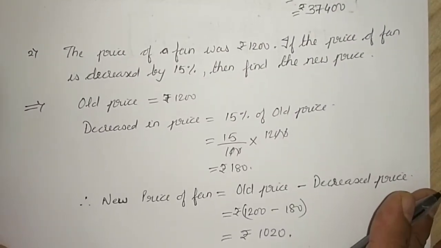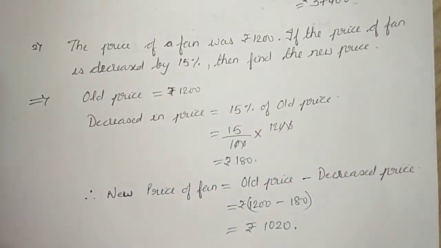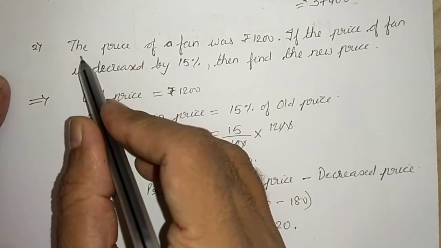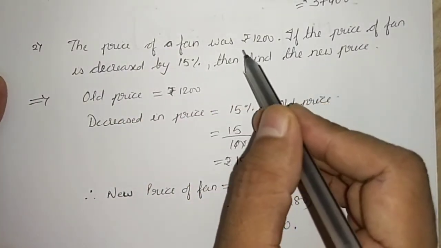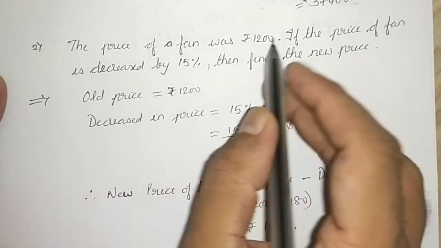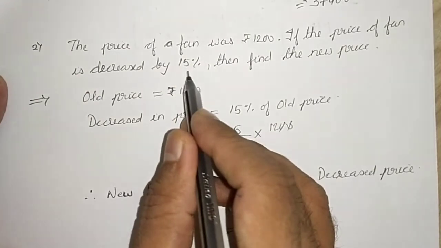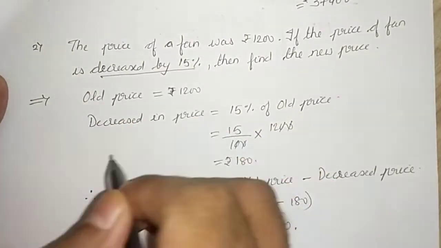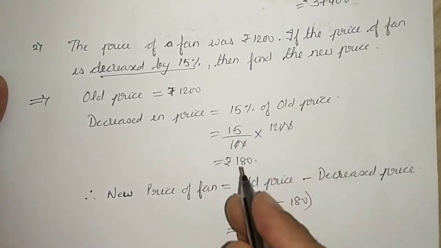Similarly, if they have given a decrease percentage, how can we find the decrease amount? Let us see. The price of a fan was rupees 1200 before. If the price of the fan is decreased by 15%, find the new price.